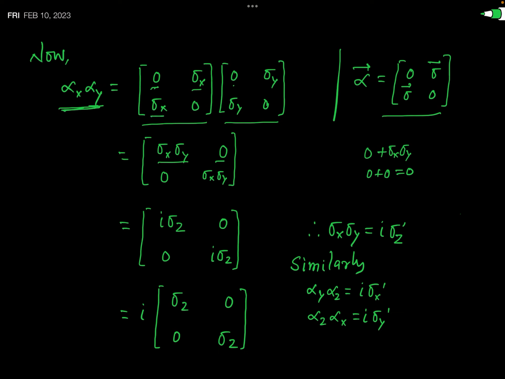Now sigma x times 0 will be 0, and 0 times sigma y is also 0. So this element is 0. Okay, now sigma x times sigma y, so this is sigma x sigma y, plus sigma y times 0, which is 0. So this element is sigma x sigma y.